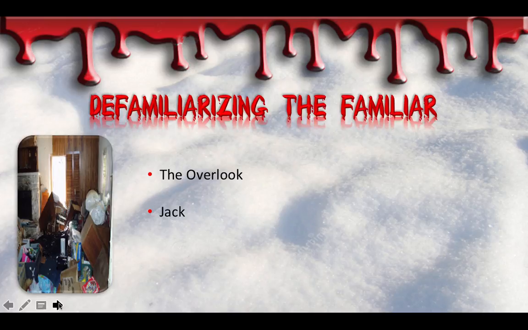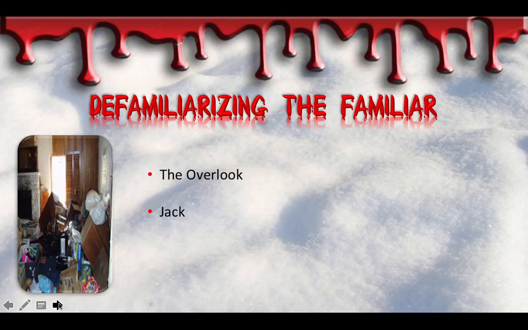Similarly, Jack is defamiliarized in The Shining. We've noted that Jack changes slowly at first, and the rapidity of his changes accelerates as he becomes more enthralled by the Overlook. By the end of the novel, he is, as Danny notes, not Jack at all, but only a moving, homicidal embodiment of the Overlook's evil.